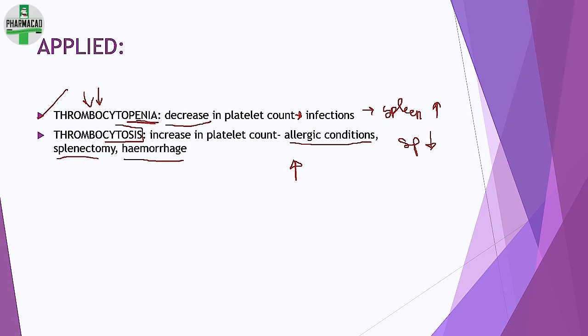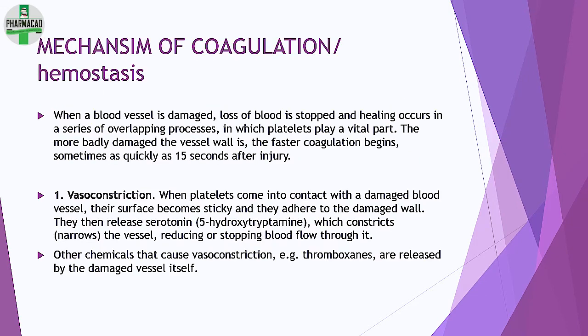Then we move on to the next slide. We talk about the mechanism of coagulation and hemostasis. It is one of the most important topics of this chapter, right? As a layman, when you hear coagulation, you think oh, that's bad, the blood is clotting.